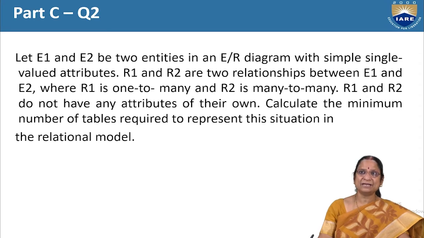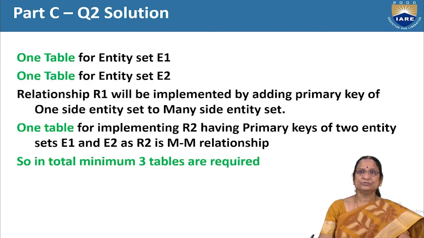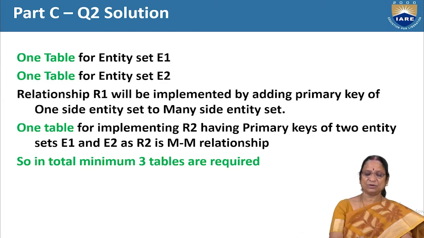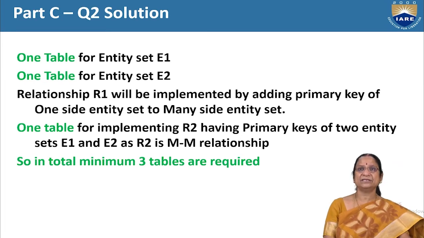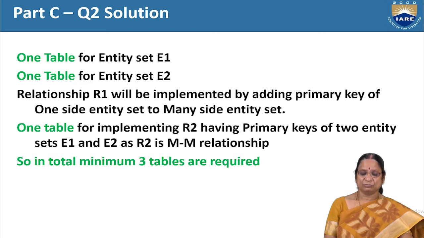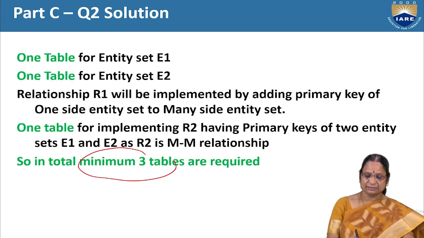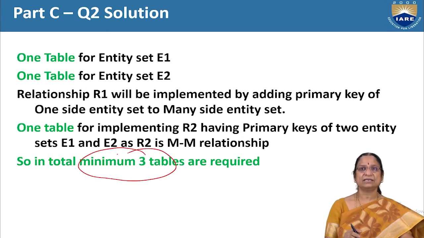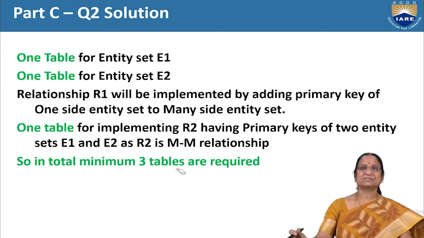But in our problem statement, R2 is many-to-many but doesn't have any attributes of its own. So one table for E1, another table for E2, and another table for R2, which has two attributes minimum, the primary keys of both entity sets. So how many minimum tables? 3 minimum tables are required for the above simple problem statement.